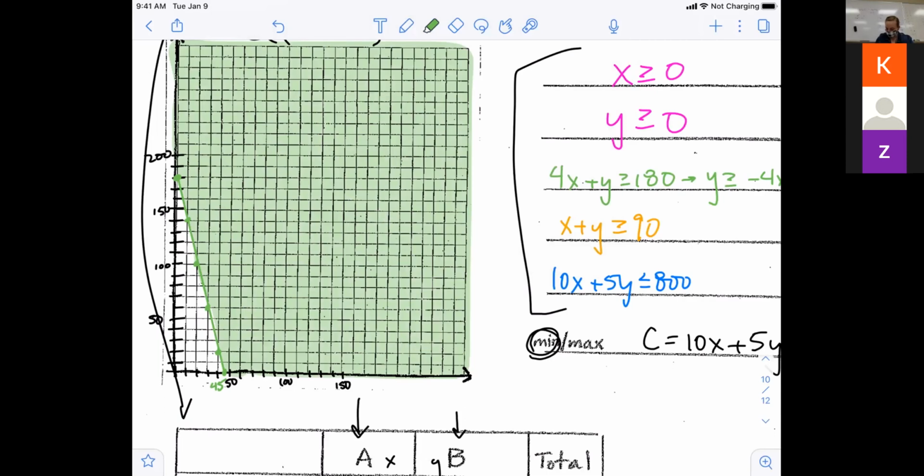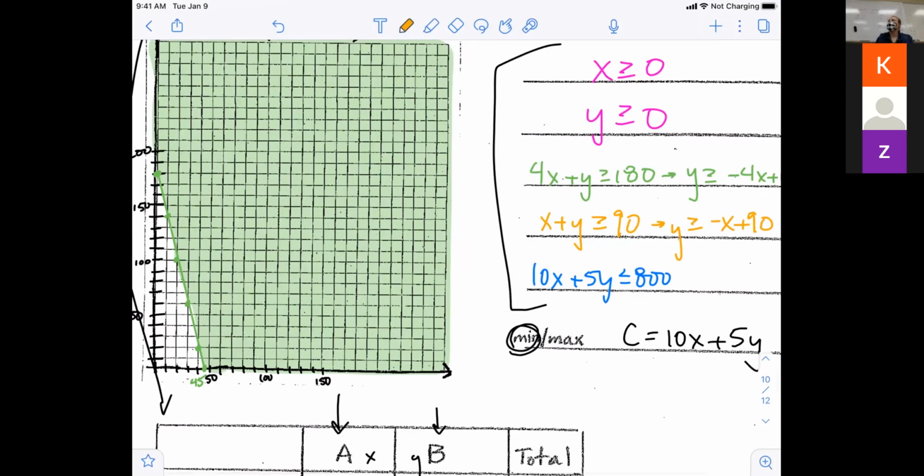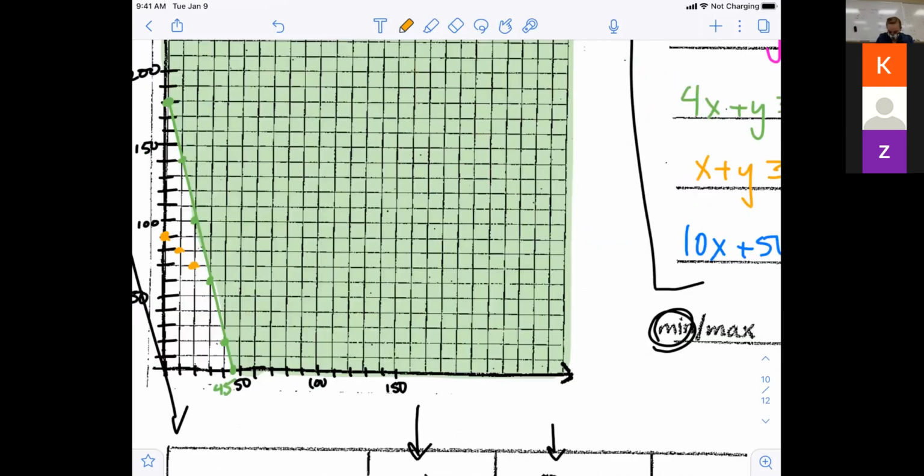I'm going to do my orange one next. So y is greater than or equal to negative x plus 90. So I'm going to graph 90 and then go down 1 over 1, down 1 over 1. I'm about to intersect. If I zoom in, as I'm going down 1 over 1, down 1 over 1, I'm about to cross the same green point.